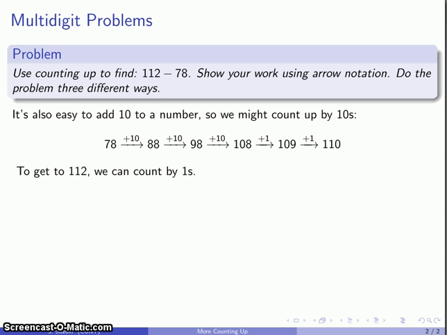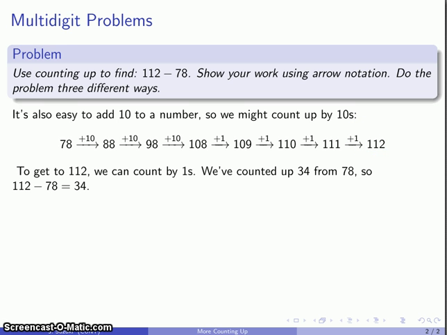So there's 1, 2, 3, and 4, and once again I can add those together, and I have 10, 20, 30, 1, 2, 3, 4. It has taken me 34 to get from 78 to 112.